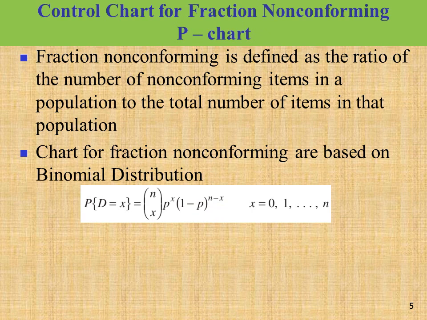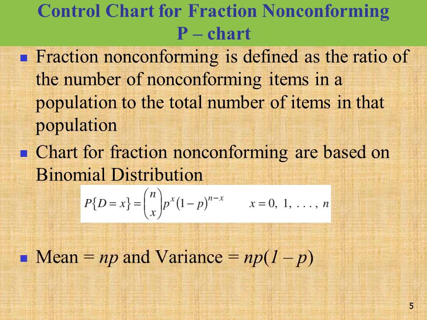Binomial distribution is the distribution for such a situation, and the probability distribution is given by this expression, where the probability of having x number of defective items in a sample of n units would be given as n combination x multiplied by p power x times (1 minus p) power (n minus x), where p is the probability of having defective items and it is a stable value.